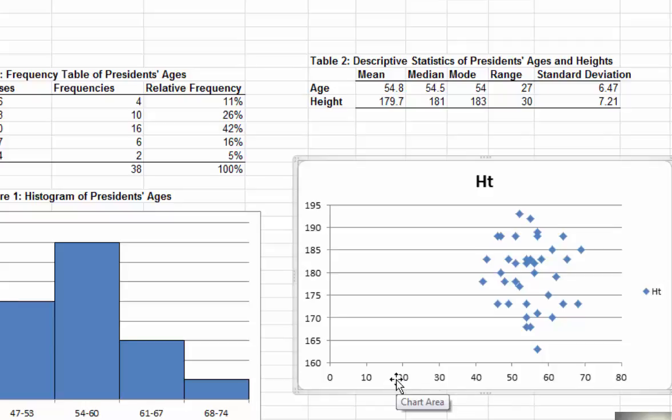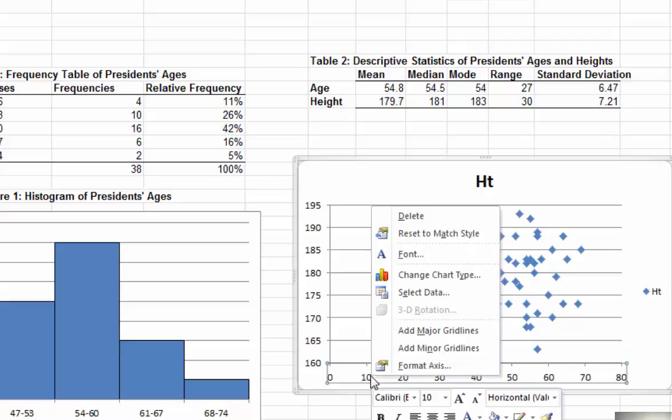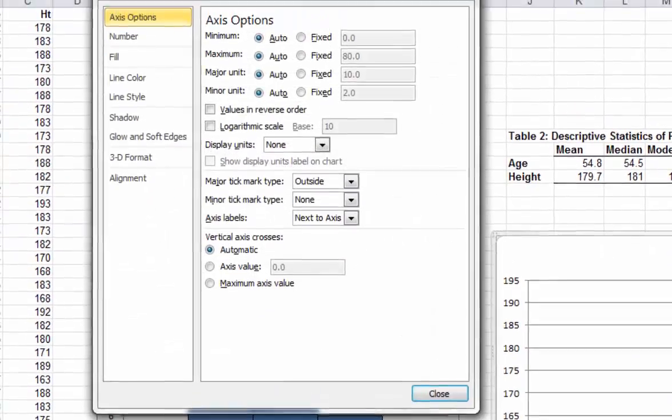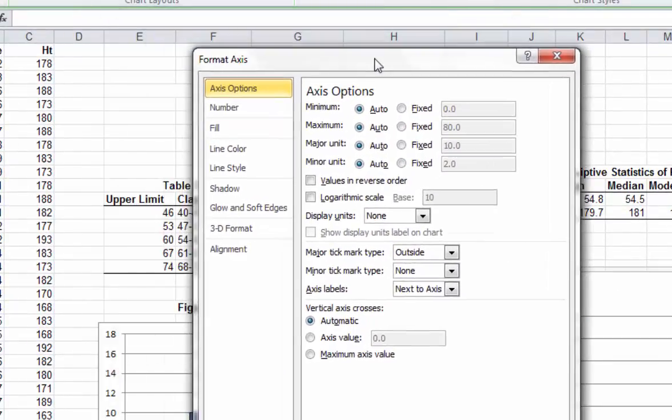So we're going to click so that the x-axis numbers are highlighted. We're going to right-click. We're going to go to Format Axis, Axis Options. We want to look at the minimum and maximum.